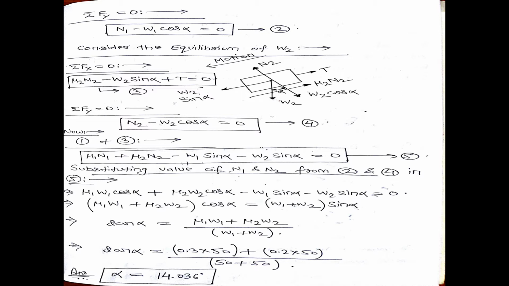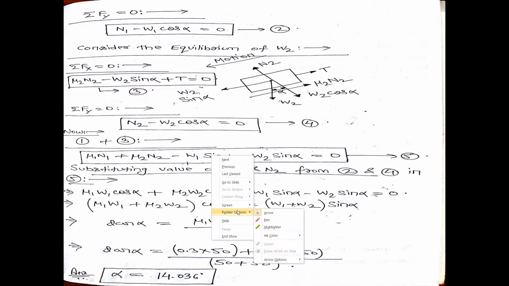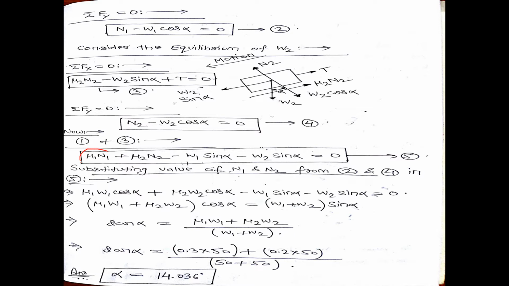Okay. If you see equation number 5, here I am getting mu1 N1, and here I am getting mu2 N2. But I need to find out the value of alpha. If you observe equation number 5 carefully, here I have alpha, here I have alpha, but in these two places of equation 5, I don't have alpha.